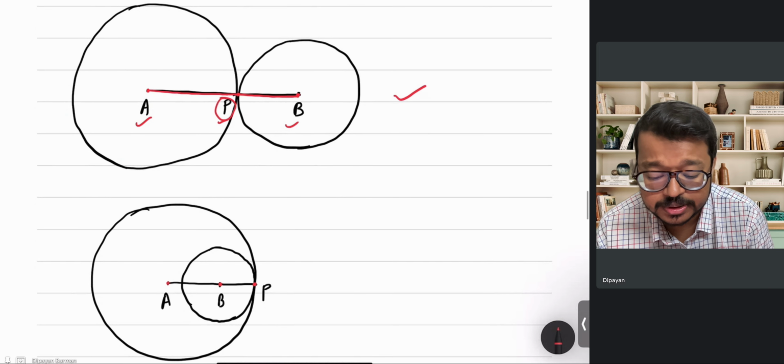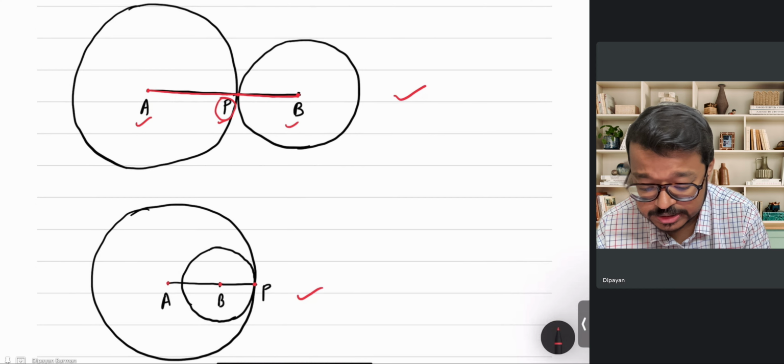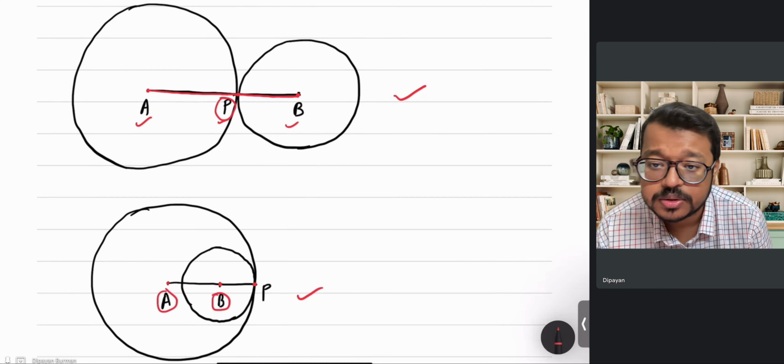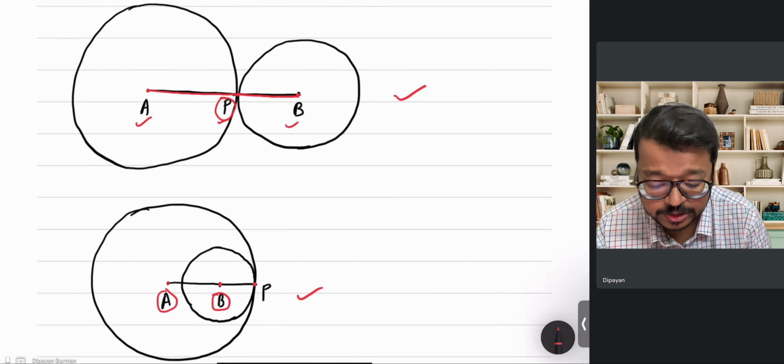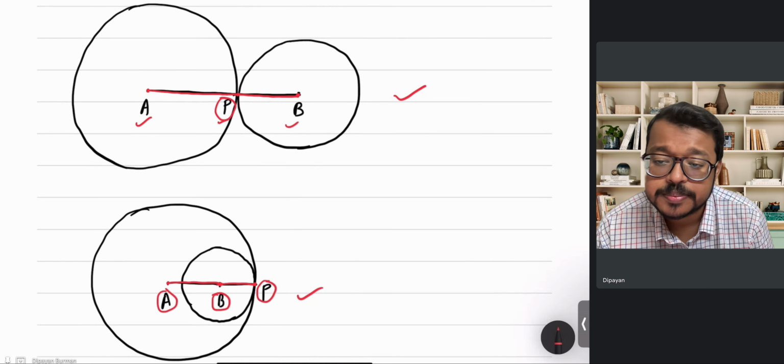The same thing happens when the two circles touch each other internally. Then also, let's say A and B were the centers of the two circles, and the point of contact P is on the line which is joining the centers of the two circles.